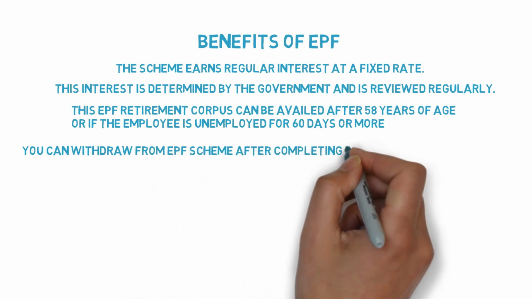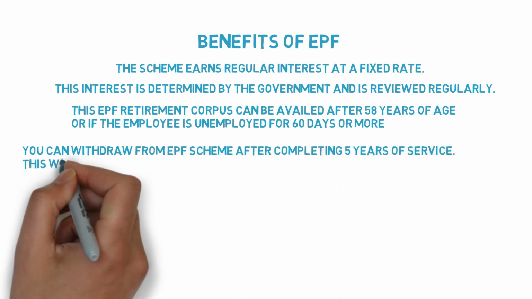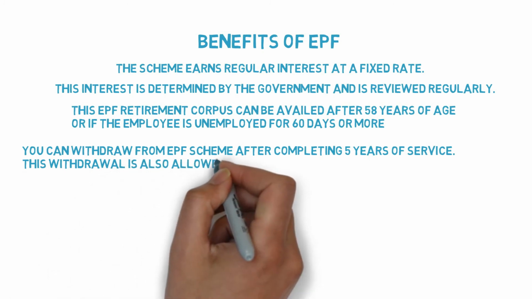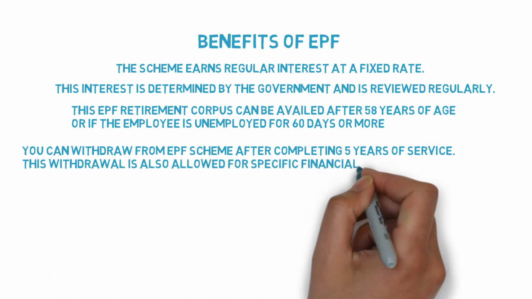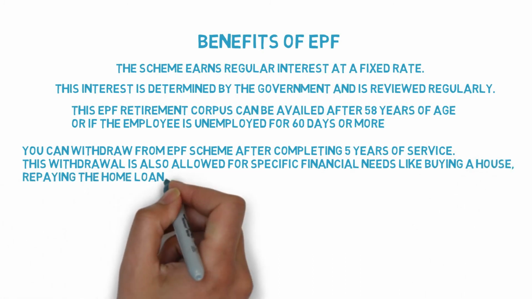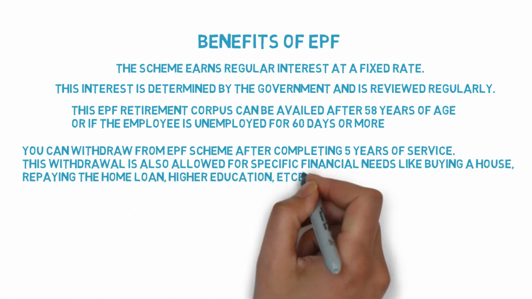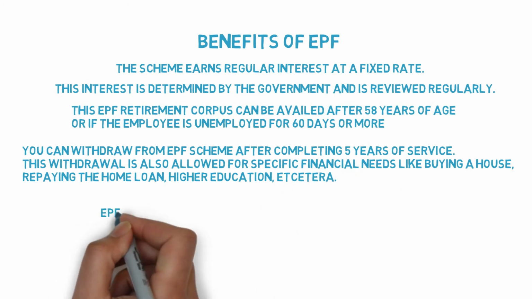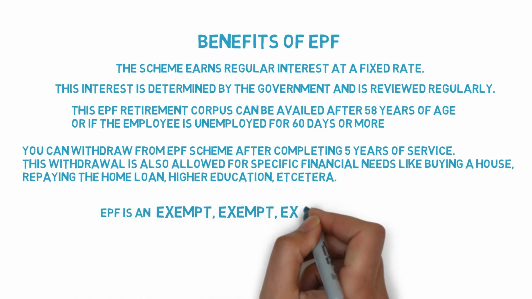Employees can also withdraw the amount from EPF after 5 years of service for needs such as buying a house, repaying the house loan, higher education for children, etc. There is no tax on the EPF amount earned.